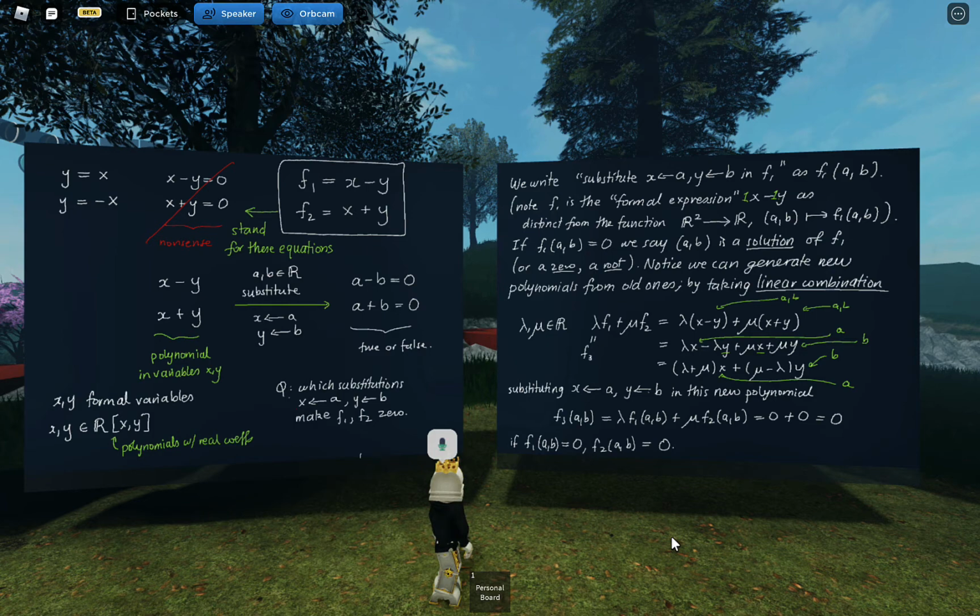All right? So polynomials stand for equations. So you can think about f3 as being a linear combination of those two equations. All right, so if we have equations we want to understand, in this case f1, f2, we can first generate new equations by taking linear combinations of them, and then hope to have that be an easier problem.